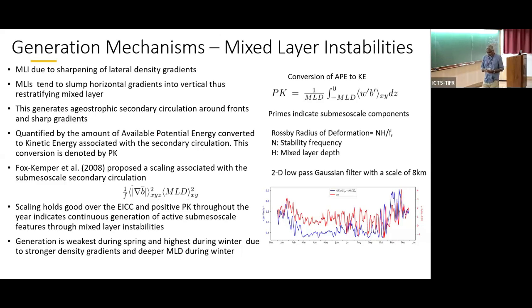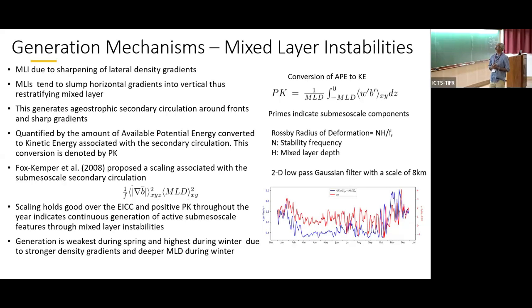The other process that can lead to generation of submesoscale is the mixed layer instabilities, owing to the strengthening of lateral density gradients. These mixed layer instabilities can tend to slump the horizontal gradients into vertical and thus restratify the mixed layer. Whenever that happens, it can lead to secondary ageostrophic circulations around the fronts and sharp gradients.